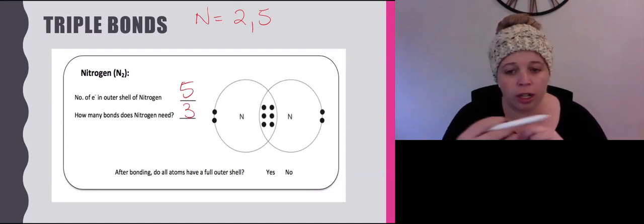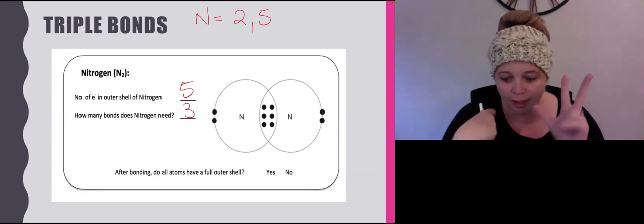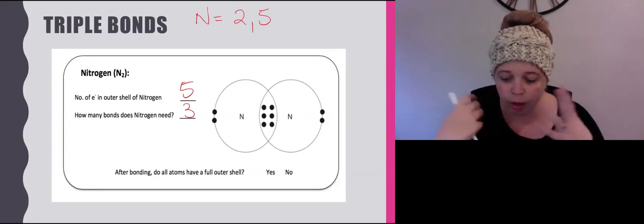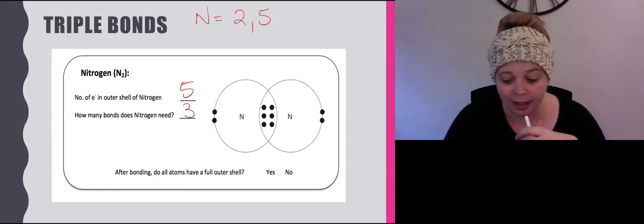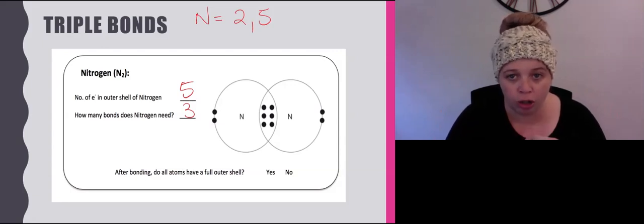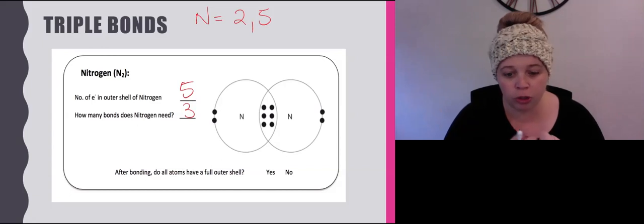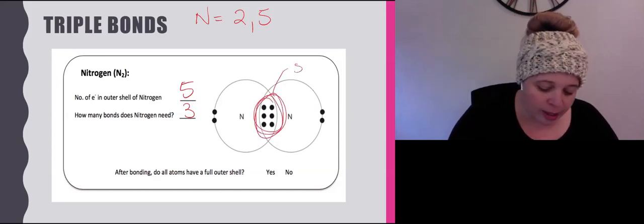So it says each nitrogen atom needs 3 electrons to achieve its octet configuration. A triple covalent bond comes about when the atoms share 6 electrons, 3 each. Now the triple bond is extremely strong. Yeah, super, super strong. If you're sharing 6 electrons, that is a super strong bond.